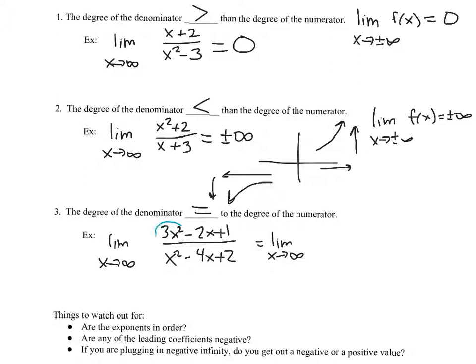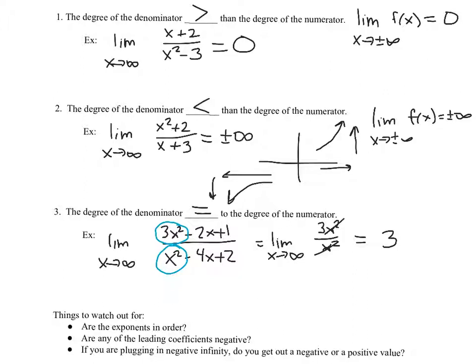We circle the terms that have the highest power, which is 3x squared over x squared. Those are the highest power in the top and the highest power in the bottom. So we can rewrite this limit as 3x squared over x squared. Well, in this case, I can simply cross those x squareds out, and I just have the limit as x approaches infinity of 3. This will just equal 3.